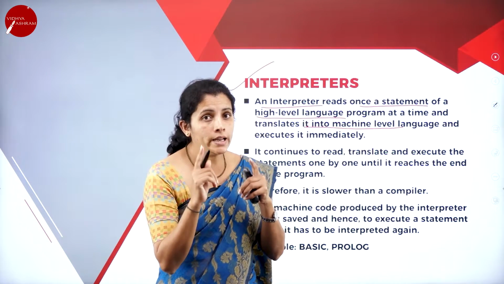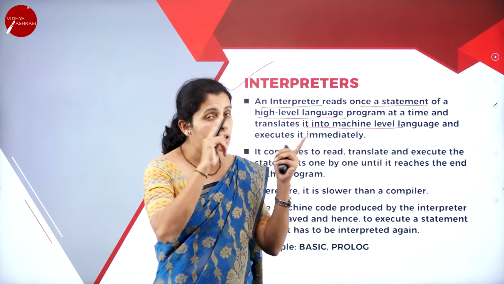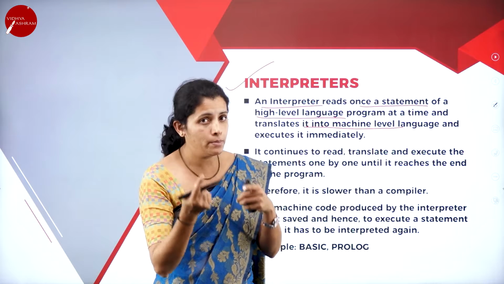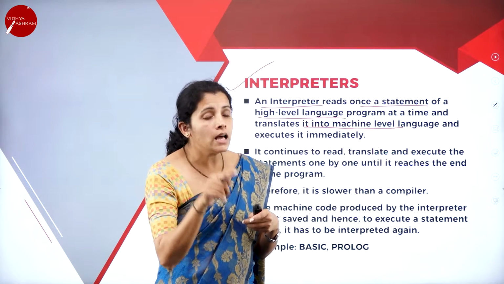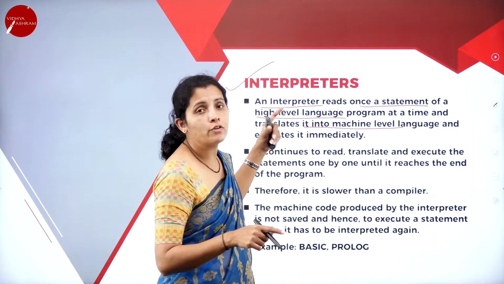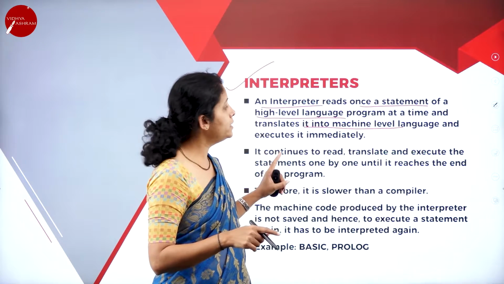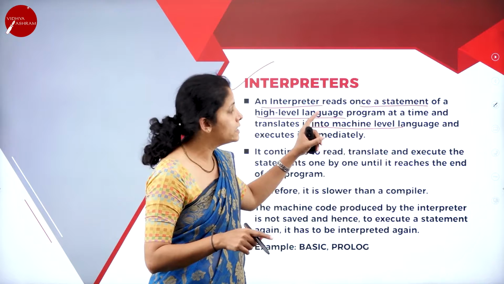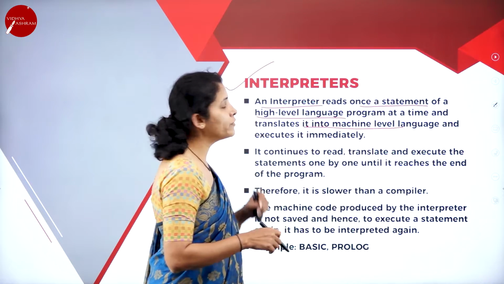So what is an interpreter here? It's going to read one line from the source code, translate that line and execute that line immediately. After the execution of that line, the interpreter takes another line from the source program, converts that into machine level language and executes it, and this sequence continues. So what is the job of the interpreter?